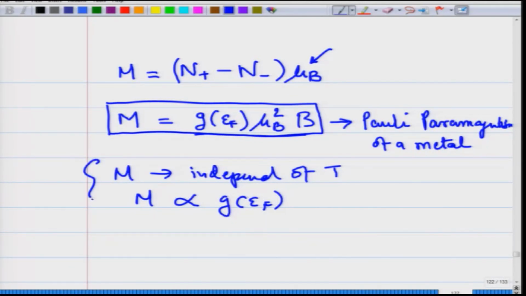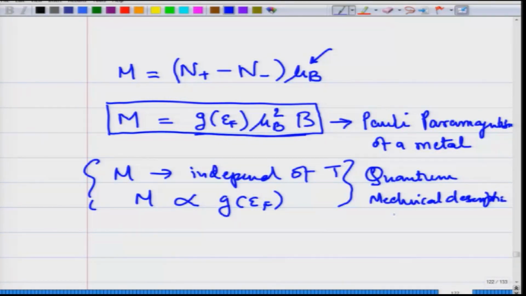And the entire process is based on quantum mechanical description of electrons in the solid. It cannot be explained through any classical picture. You have to invoke the quantum mechanical description.